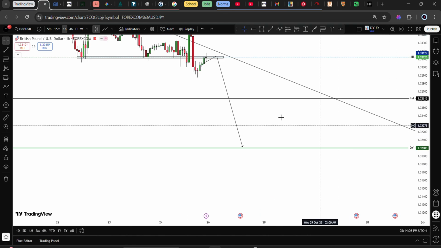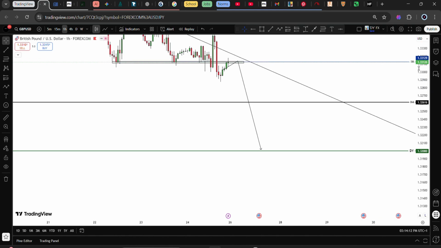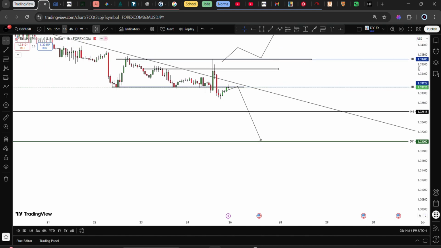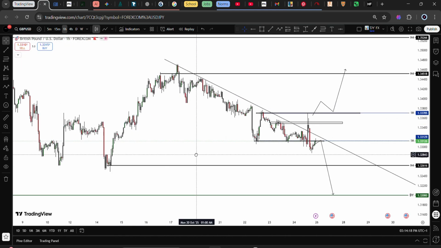So that is my bearish outlook and my bullish outlook for GBP USD. I'll be waiting to see what the market does and then react to whatever it is doing.